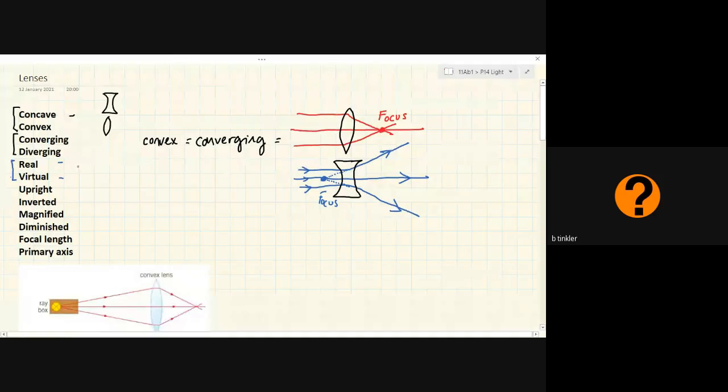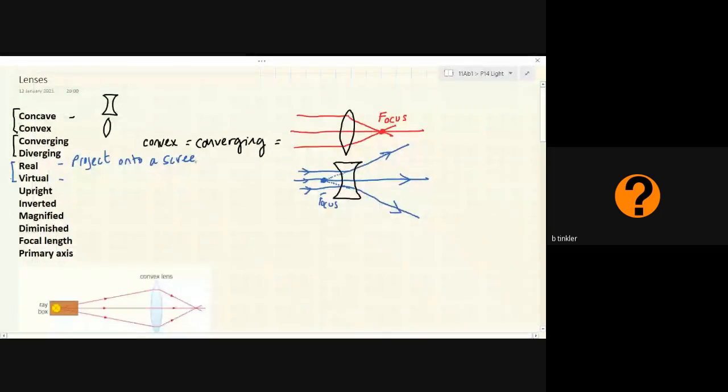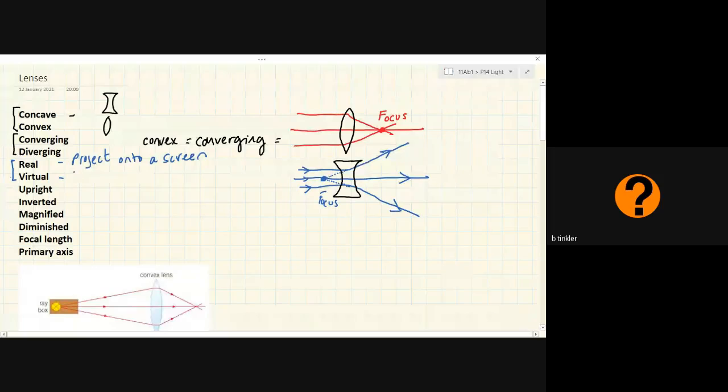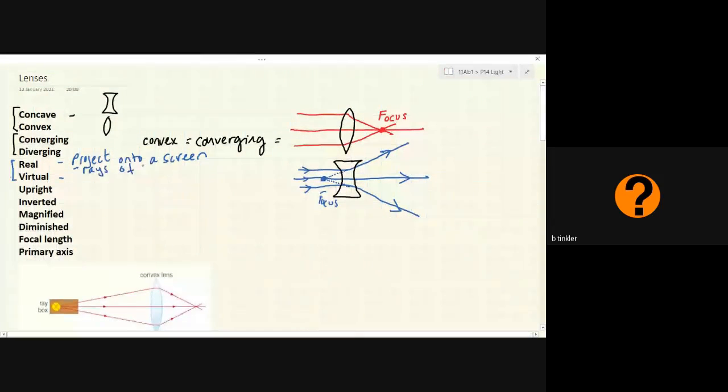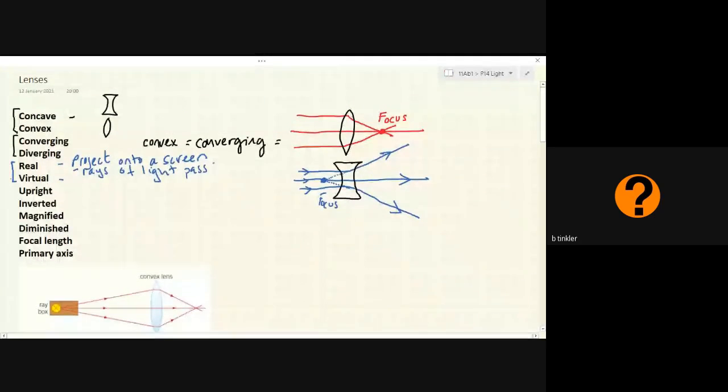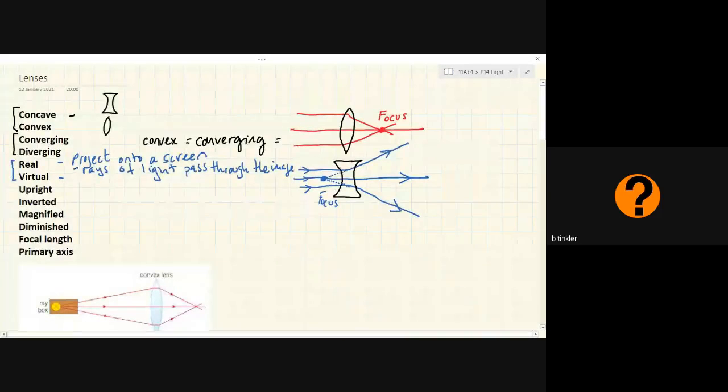So if an image that forms is real, it means we can project that image onto a screen. It means that the image has rays of light that pass through it. You'll see what that means in a minute.